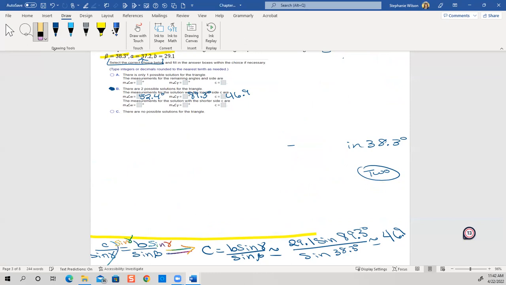Okay, so now we're going to find the second triangle. Thank you for bearing with me. And what we're going to do is I'm going to solve for this alpha one first.